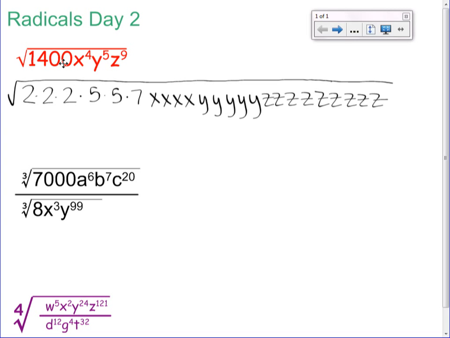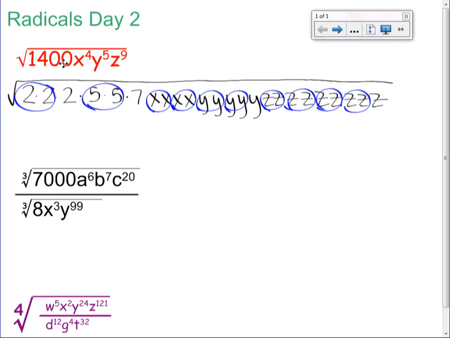Groups of 2, right? Okay, so we go through, we circle groups of 2. Now each of those groups, we're taking out whatever that object is, that pair. Okay, but we only write it once.